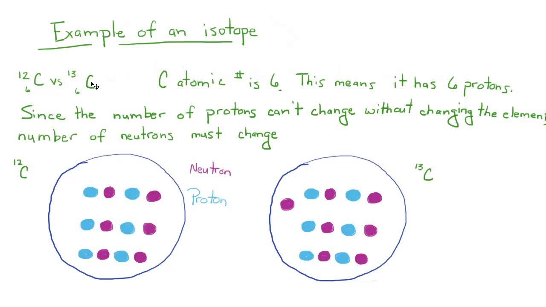Carbon has 6 protons. And since the number of protons can't change without changing the element, the number of neutrons has to change. For example, carbon-12 is going to have 6 protons and 6 neutrons. But carbon-13 has 1 extra neutron. It's still going to have 6 protons, but instead of 6 neutrons, it's going to have 7 neutrons.